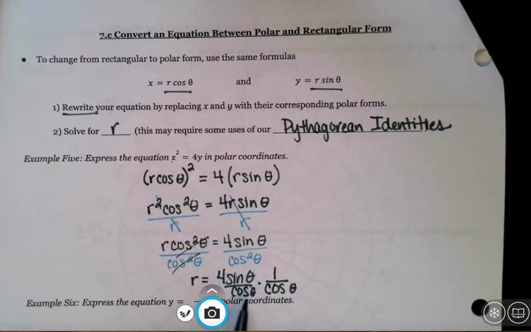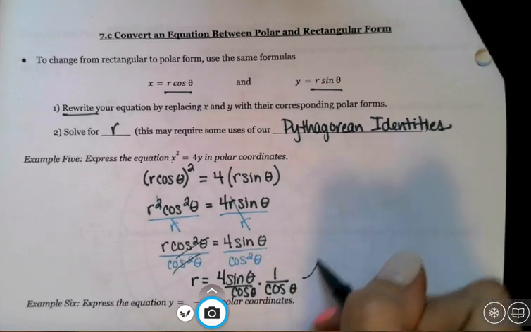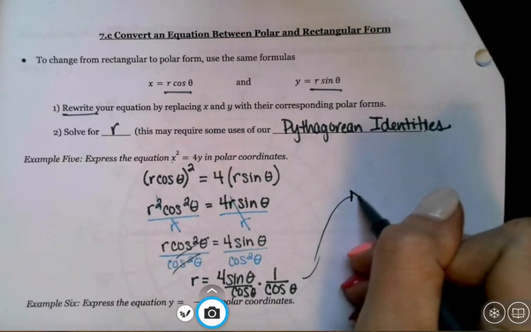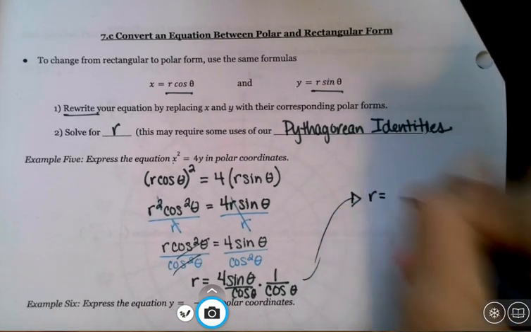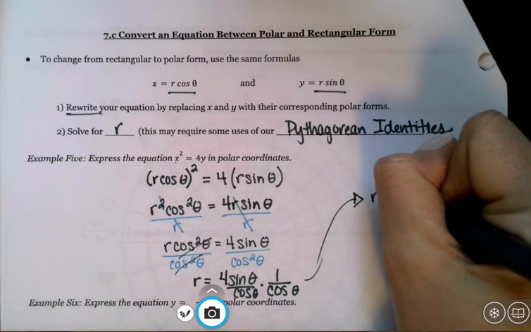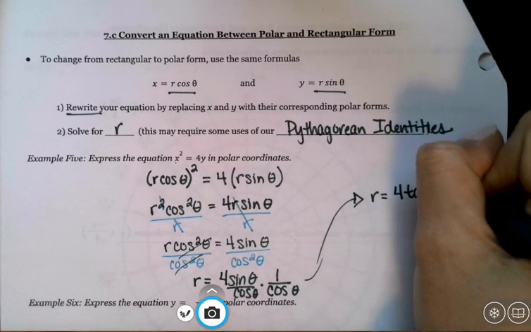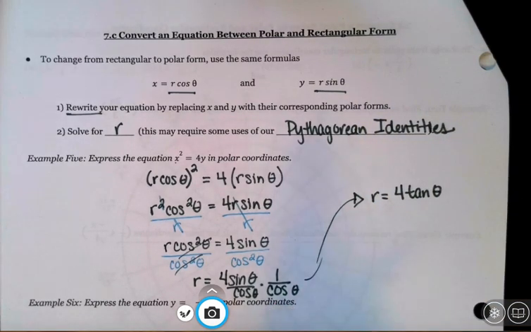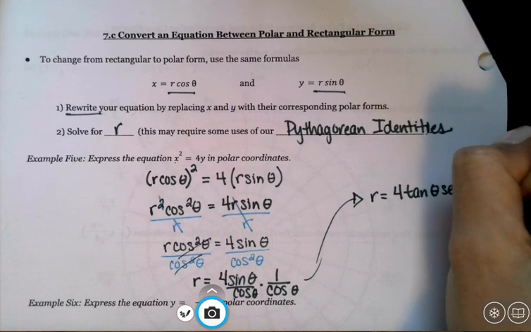Because if I go backwards, cosine times cosine is cosine squared. So now, I still have my 4, and then sine over cosine is tangent, and then 1 over cosine is secant.